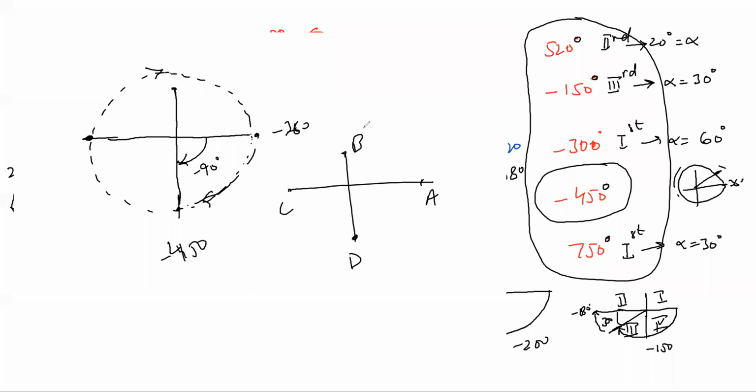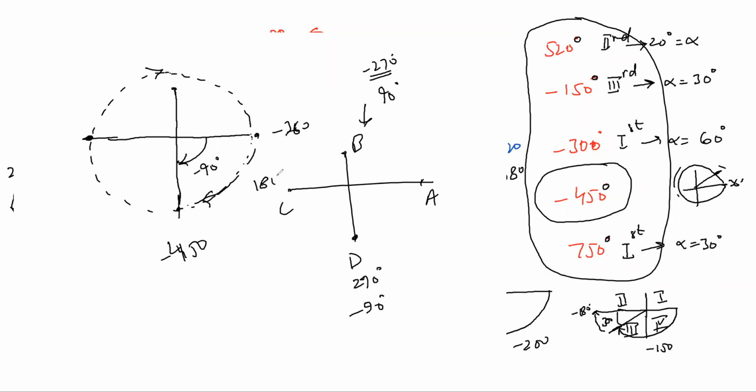So this B is at a position of 90 degrees, or you can also say this is minus 270 degrees. This is the smallest value in the positive anti-clockwise direction, and the smallest or maybe the biggest value in the clockwise situation. This one is either 270 degrees or minus 90 degrees.